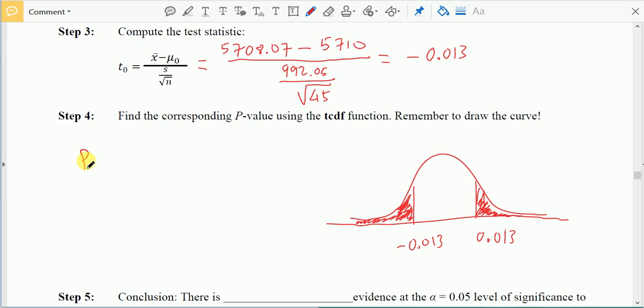Now that is your p-value, the area under the curve. In order to find the area, you just have to find the area of one of them and then multiply by 2. Now in order to compute the area under the curve, use the command tcdf on your TI-84 calculator.